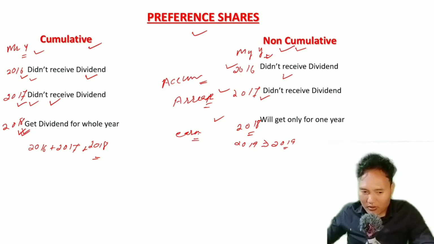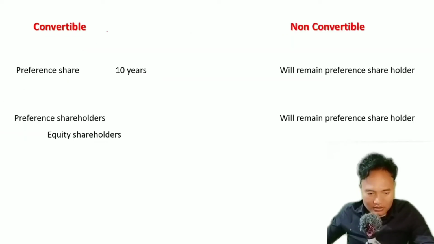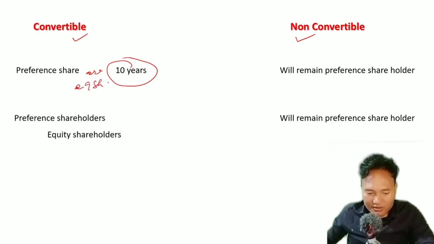The next preference shares are convertible and non-convertible preference shares. Preference shares are converted into equity shares after certain years, maybe 10 years, maybe 20 years. It depends on the agreement you have made with the company.